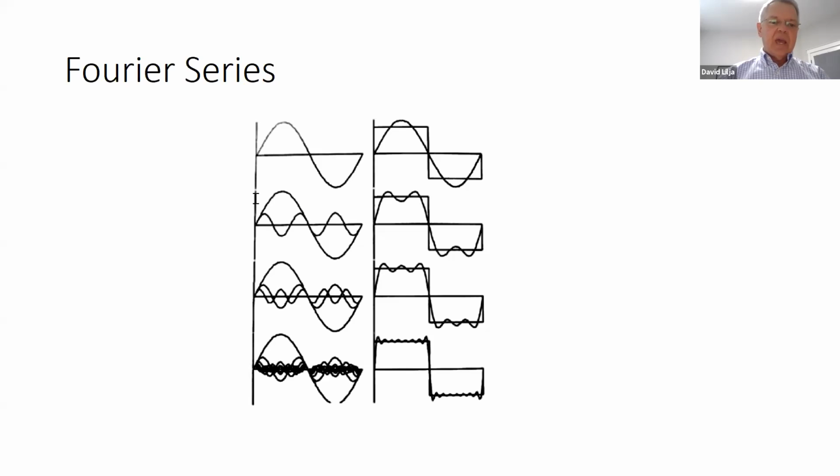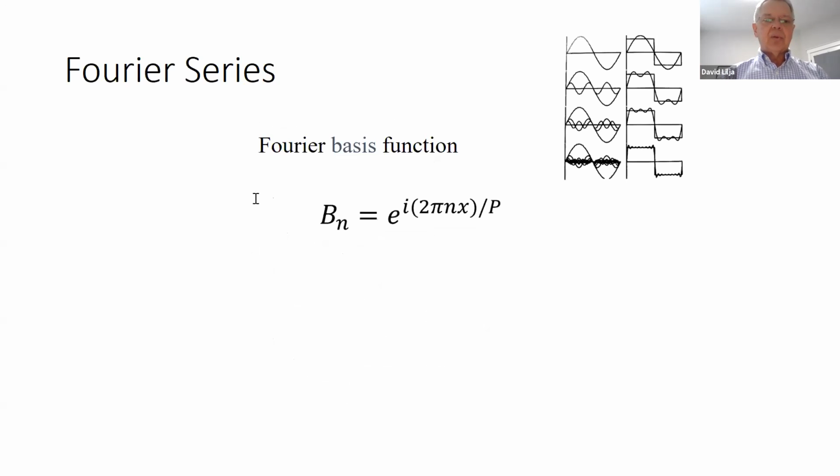So in this case, by appropriately selecting these periodic signals, I generate this nice square wave. I can make that square wave look as good as I want by extending that out to as many terms as I want. We use what's called the Fourier basis function for this.